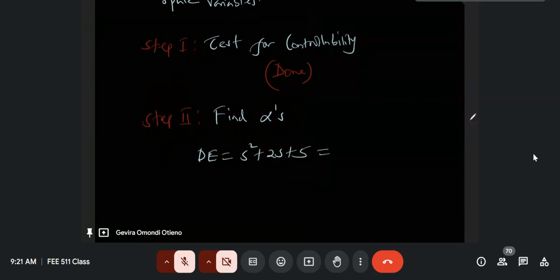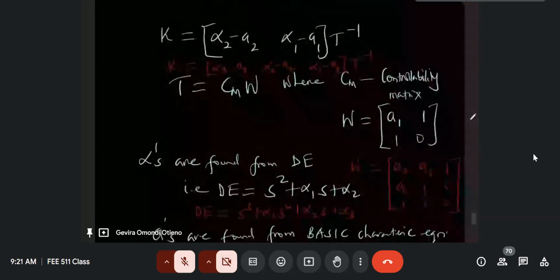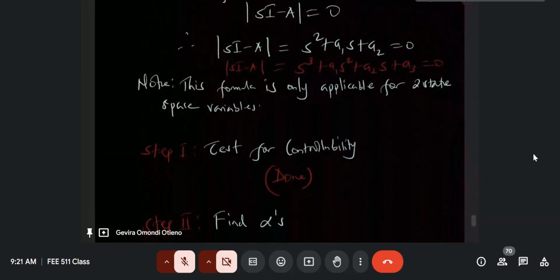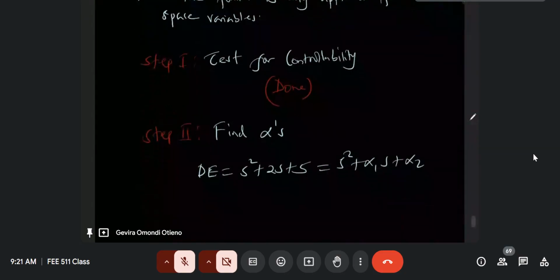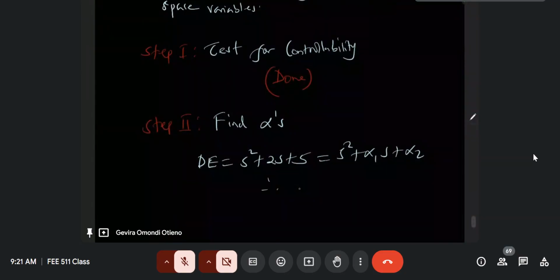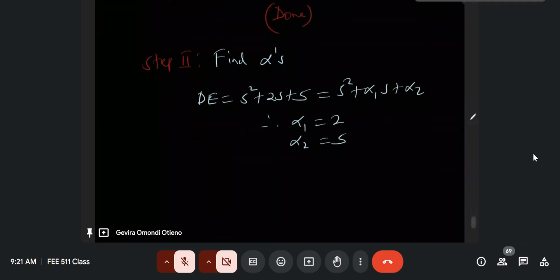But now we have to equate it to our alphas, which is S squared plus alpha 1 S plus alpha 2. So that therefore means that alpha 1 equals 2 and alpha 2 equals 5. Simple as that.